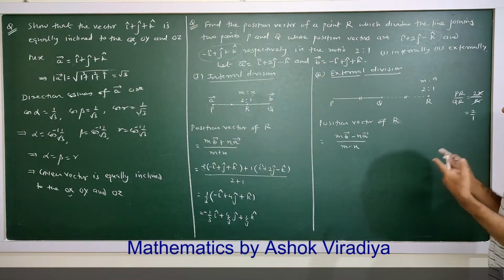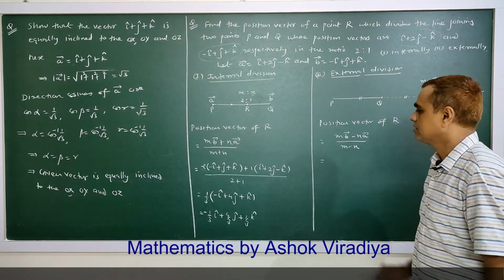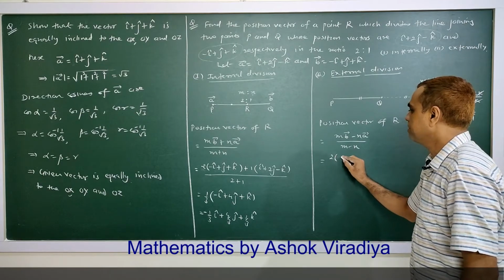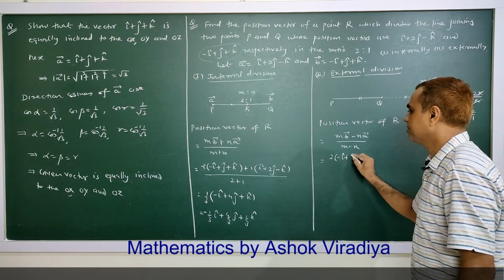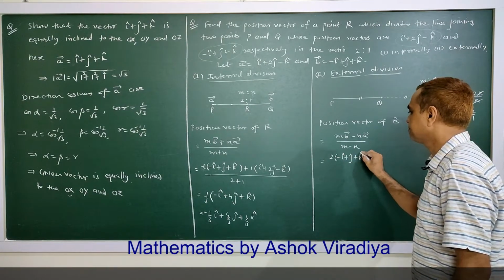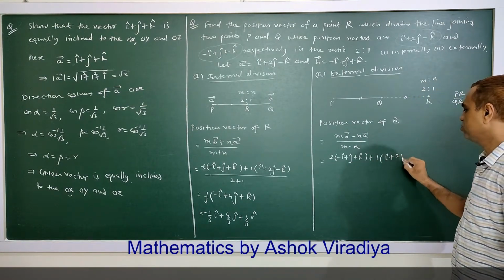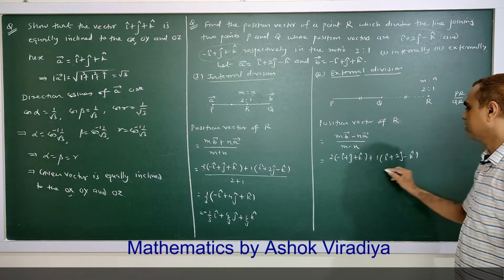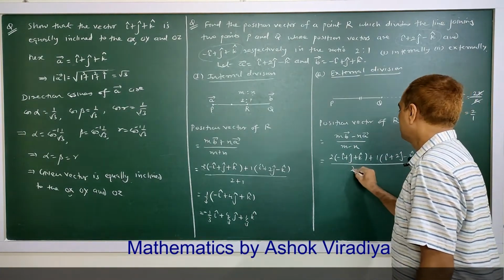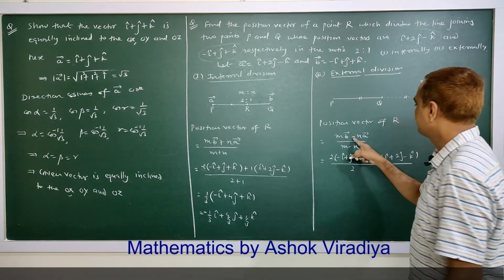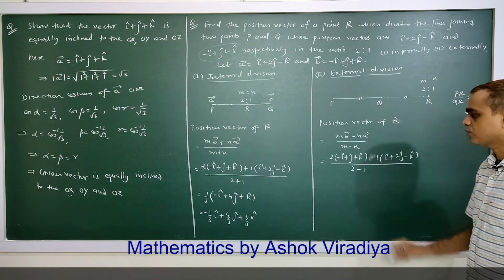And in this case, 2 times B is minus i plus j plus k, minus 1 into i plus 2j minus k, upon, here we keep the minus sign, so 2 minus 1.